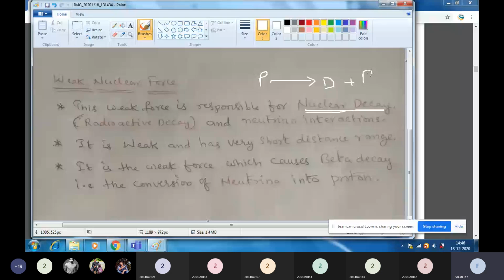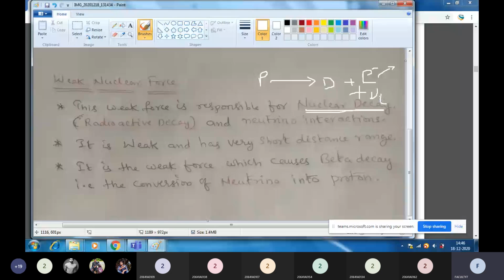From there you may get another particle, known as the neutrino, with some symbol like this. We call this beta decay.